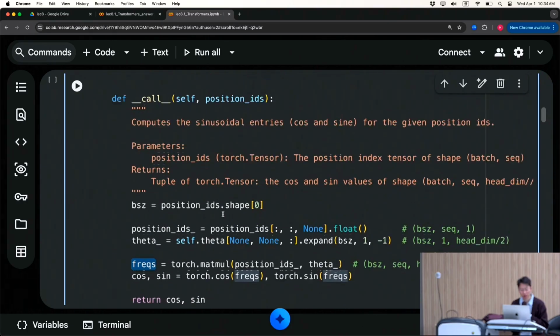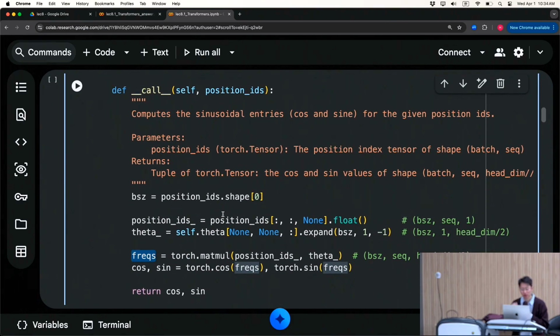Why? Because we're going to apply rotation. So in 2D, what is the 2D rotation matrix given an angle theta? You're given a 2D vector, you're going to apply a 2D matrix. What is that matrix?